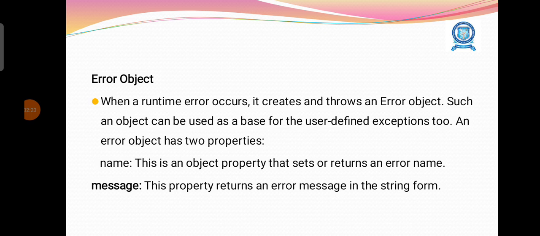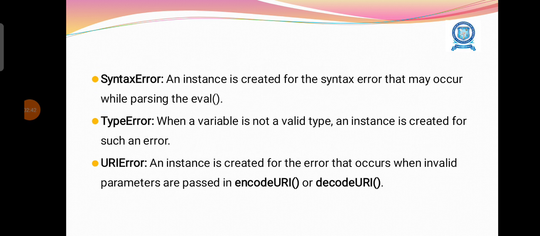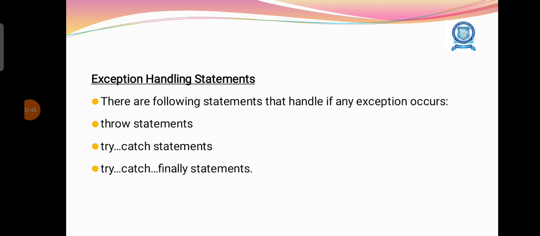On the other hand, message is the property that returns an error message in the form of a string. Although Error is a generic constructor, there are standard built-in error types, for example, EvalError, InternalError, RangeError, ReferenceError, SyntaxError, TypeError, etc.